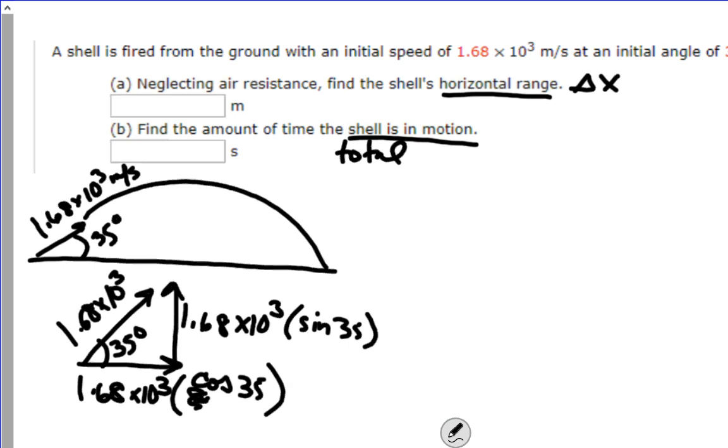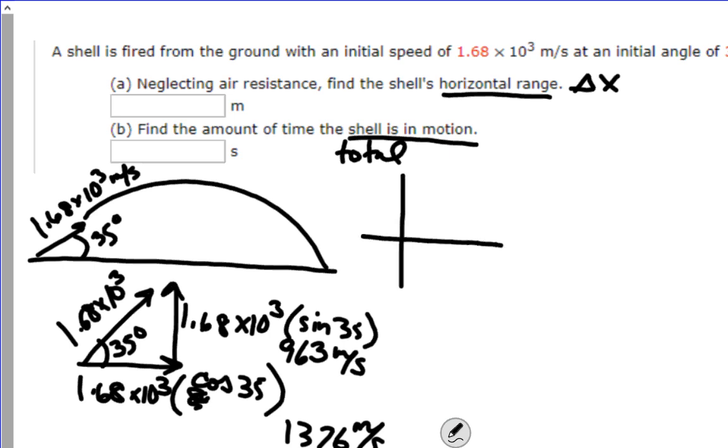So my sine component, in this case, is 963 or 964 meters per second, and the cosine component is 1376 meters per second. And if you think about it, hopefully you understand why the x value is so much bigger than the y value, because the angle is below 45, so you have more going on in the horizontal direction. Okay, now let's put some graphs together.